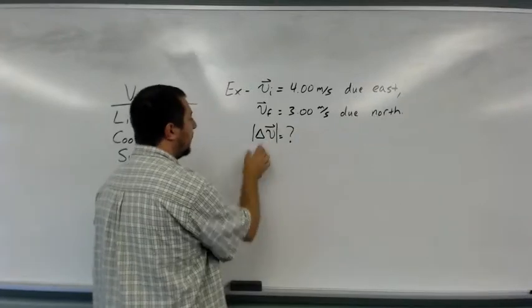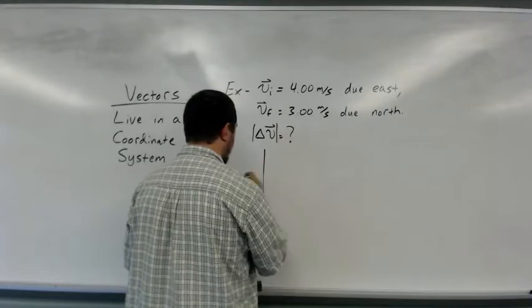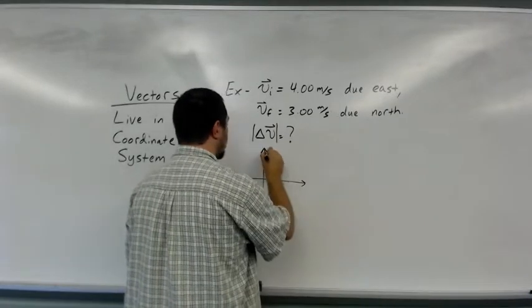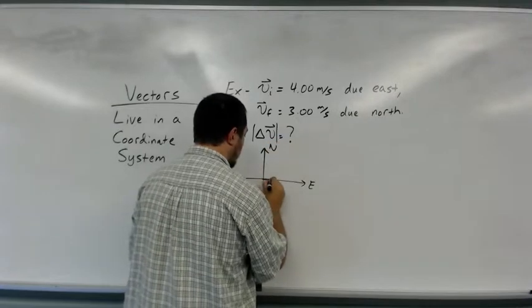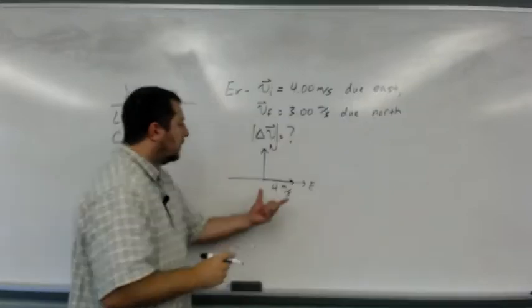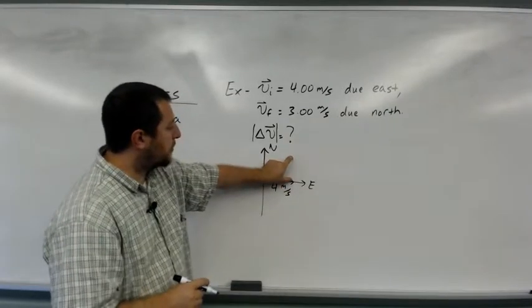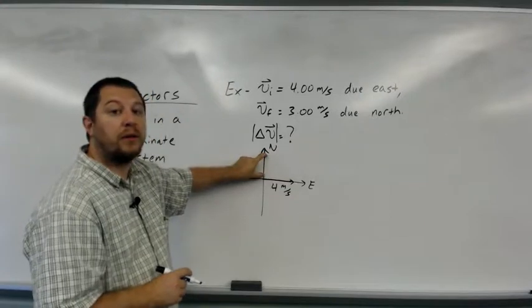The way to find the change in velocities when you're doing this type of problem is to take the original 3 meter per second vector, which was here, and move it so that it's now at the origin. Okay?